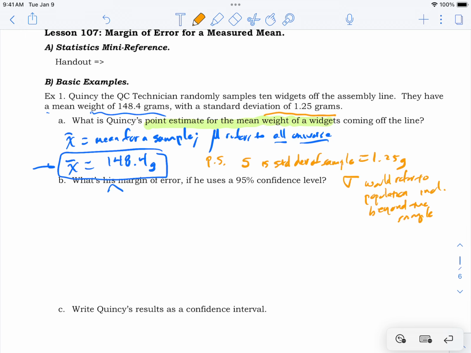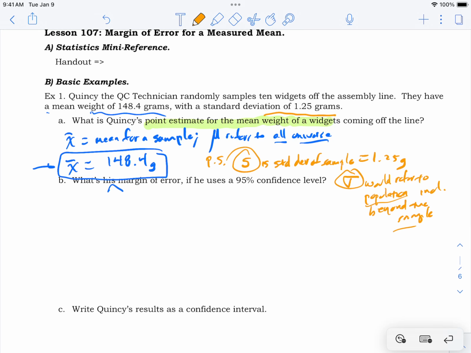We could say it refers to the whole population, even the ones that are not in the sample. So S is the standard deviation taken of the sample. You plug those numbers into a standard deviation formula and you get an estimate. If you actually knew the standard deviation in weights for all of the widgets, we would have called that a sigma.